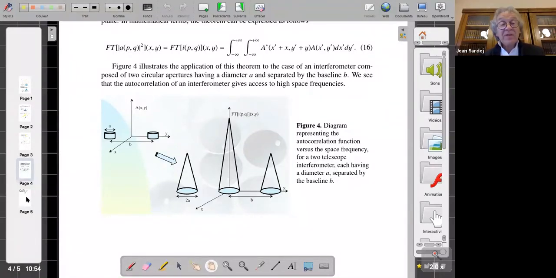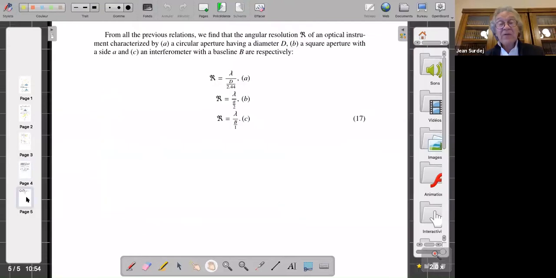Now, what comes next is just something to think about. We have demonstrated that for the case of a circular aperture, the angular resolution is lambda over d divided by 2.44. I could have written it as 2.44 lambda over d, where d is the diameter of the circular aperture, but I prefer to write it in this way.